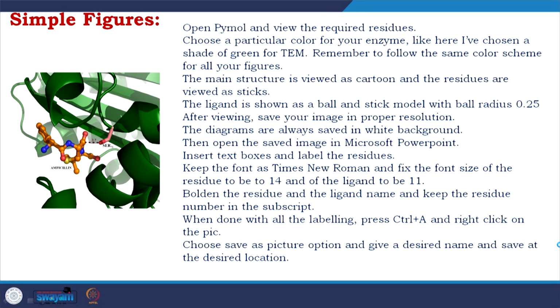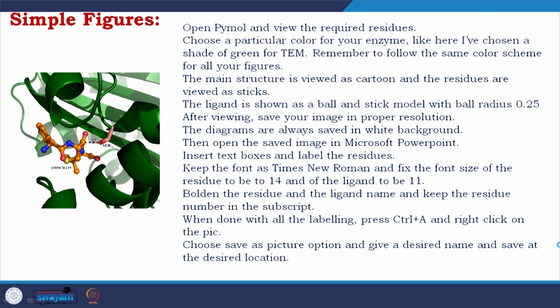Like if you have two proteins and you use two different colors, it is helpful to make the signs visible. The main structure is viewed as cartoon and the residues are viewed as sticks. The ligand is shown as a ball and stick model with ball radius 0.25. After viewing, save your image in proper resolution.